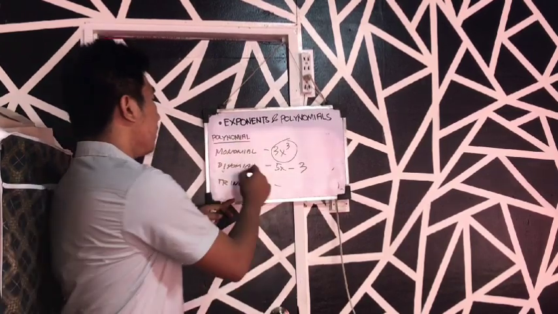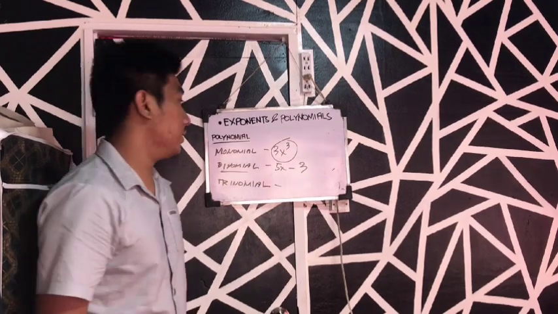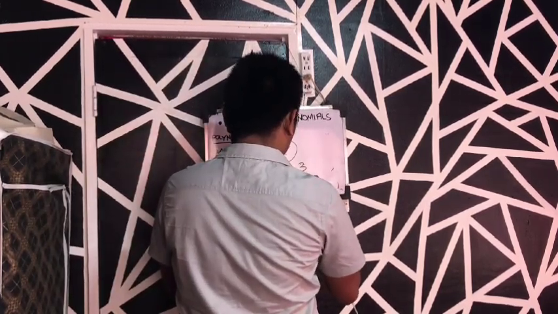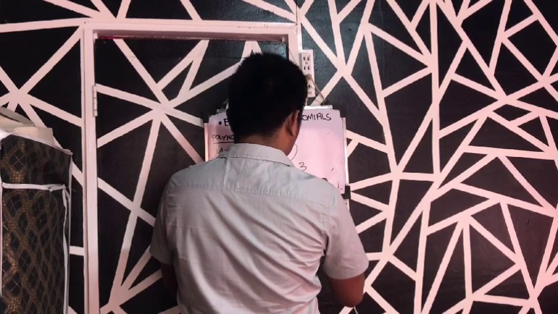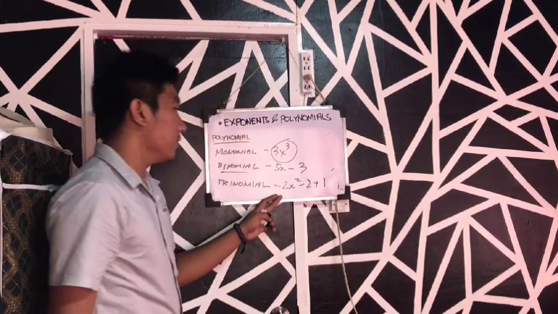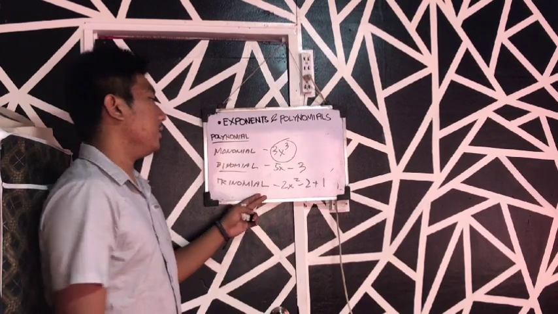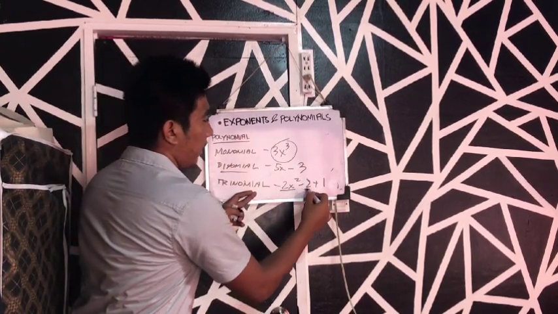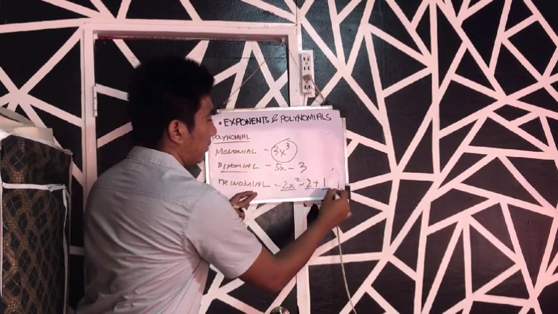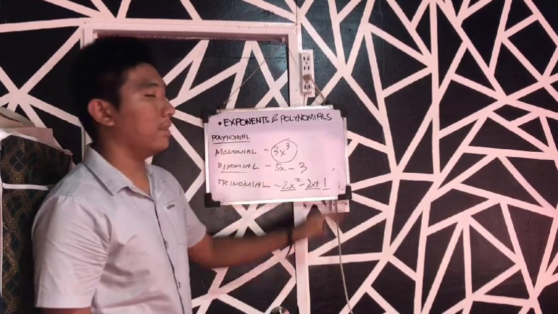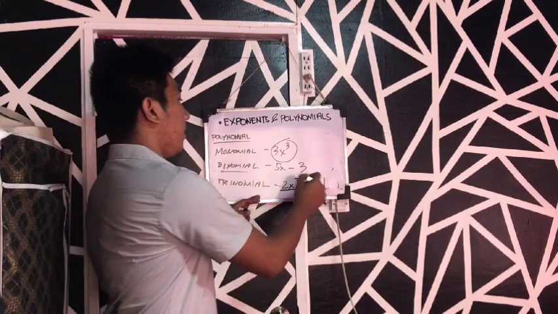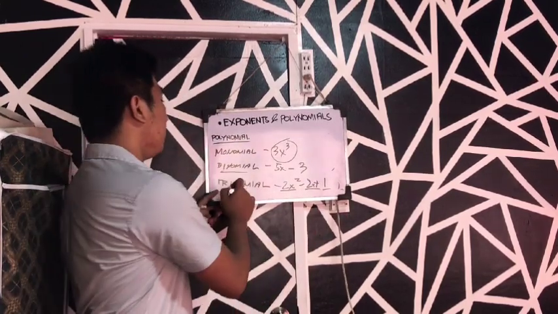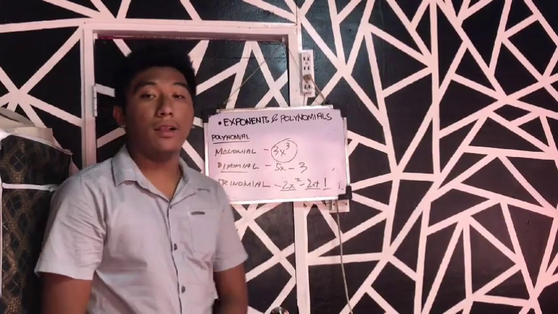So this is what we call a binomial expression. Next is the trinomial. As you can see, there are three terms, the 2x squared, the negative 2x, and the 1. So that is an example of a trinomial expression.